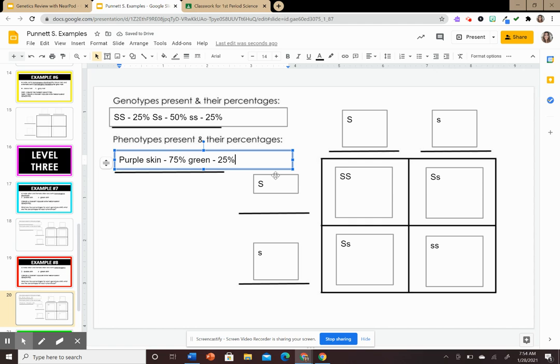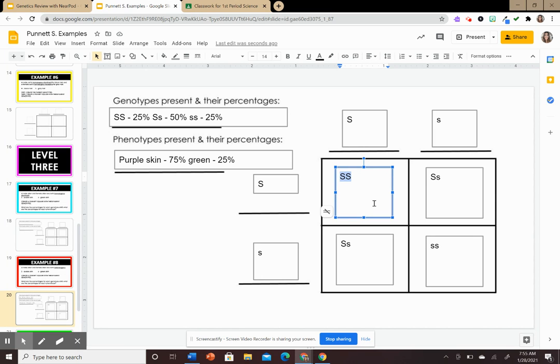Now, maybe you're thinking this is a little bit confusing because why is there two phenotypes, but there's three genotypes? Well, let me explain. If a baby alien has big S, big S, they're going to be purple. If a baby alien receives big S, little s, they are also going to be purple. Here's the difference though, and you can only see it when these baby aliens grow up and have ugly little aliens of their own. This purple alien, whenever this one has children, alien children, weird looking, creepy aliens.